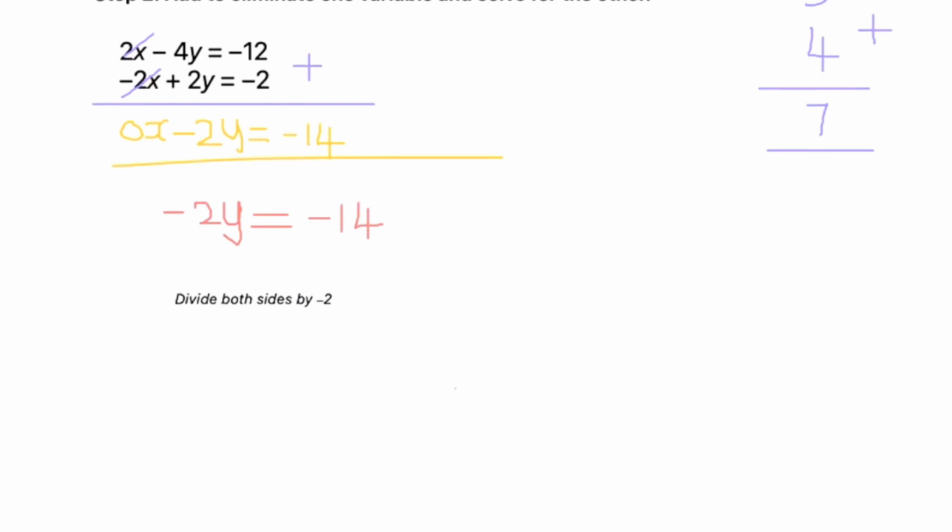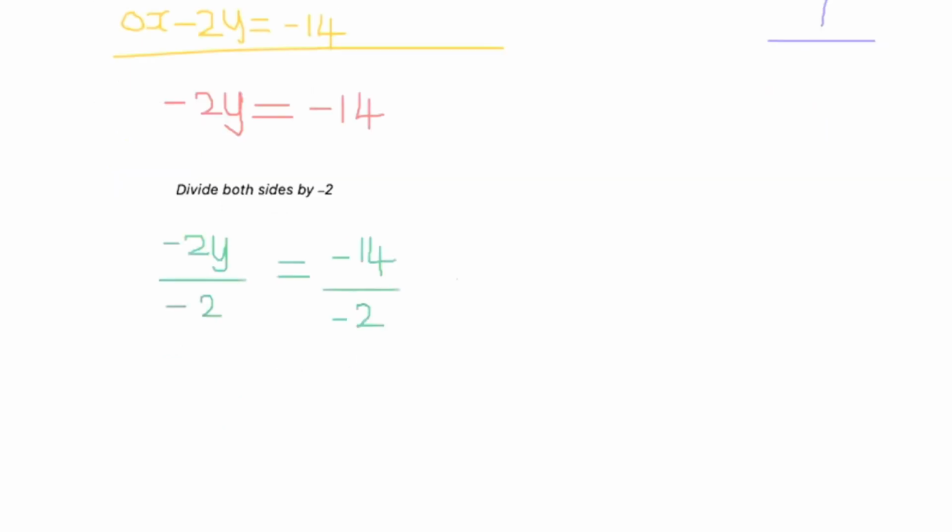So if we are dividing minus 2y by minus 2, which is equal to, again on this side we have to divide by minus 2.